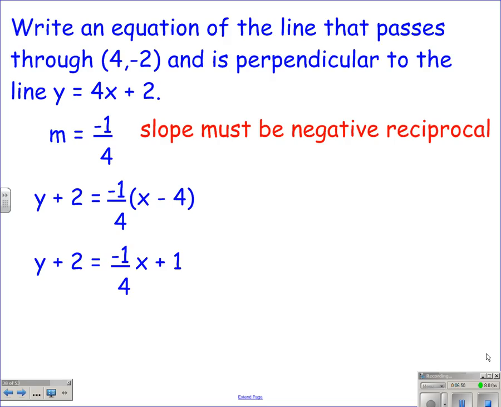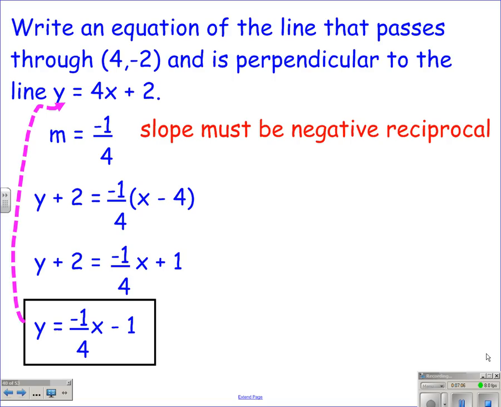And then get it into slope-intercept form, y equals -1/4 x minus 1. Notice that our equation has a slope of -1/4. The equation we want to be perpendicular to has a slope of 4. So these two lines are perpendicular, and this line goes through (4, -2) because we used that point in the point-slope form.